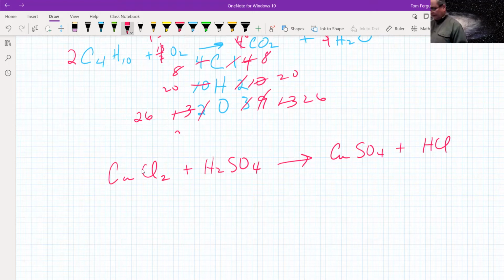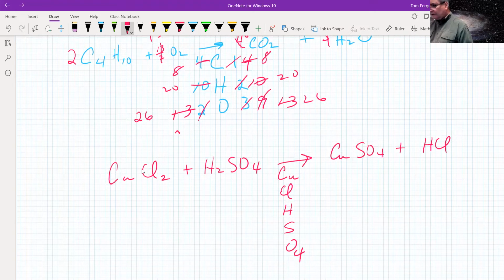Here we have copper, chlorine, hydrogen, sulfur, oxygen.